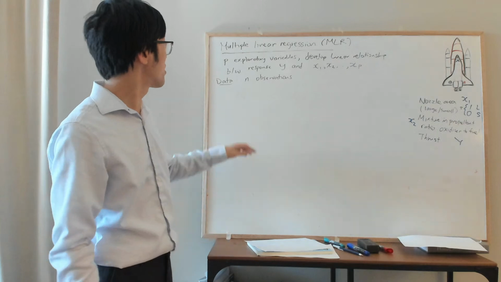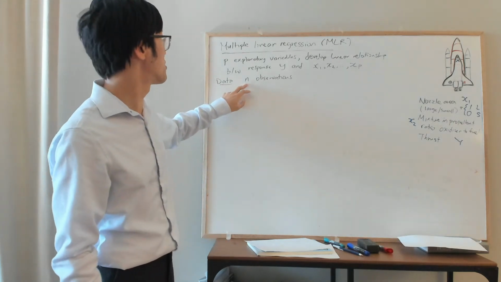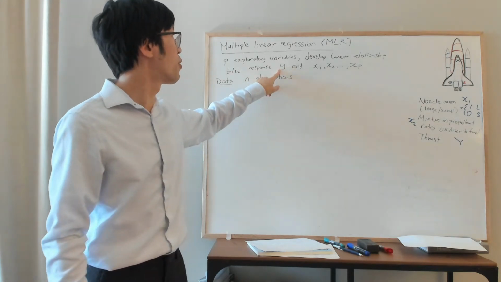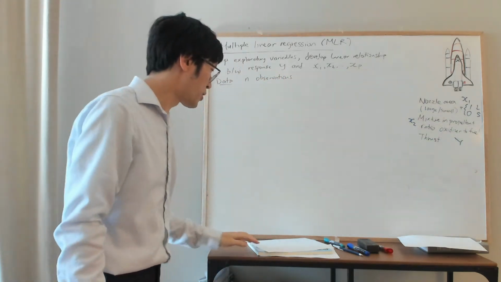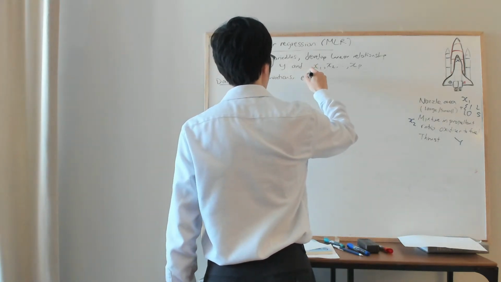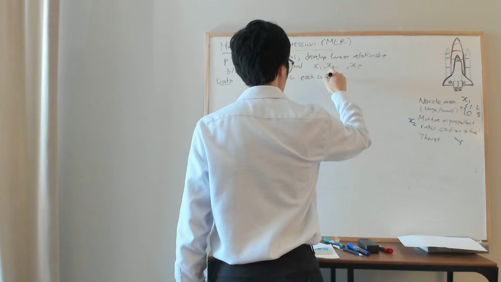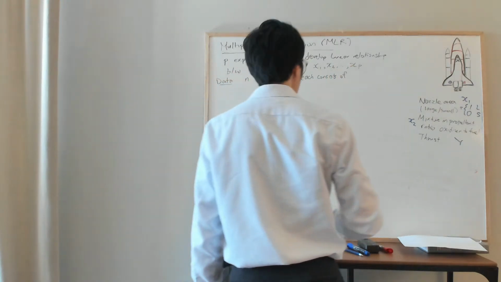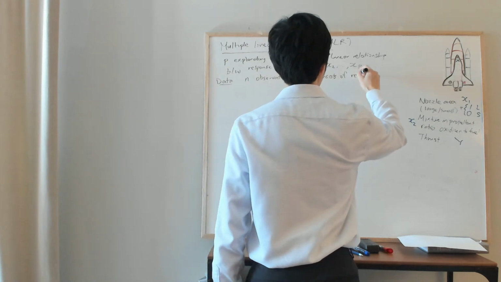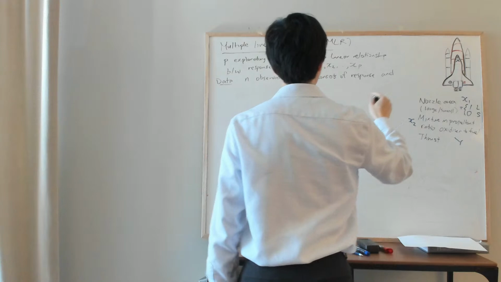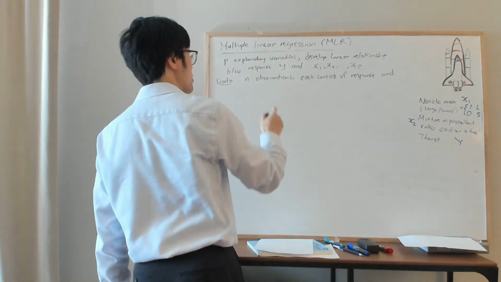In this case, each observation now consists of not just x and y, but you have the y and then a bunch of predictors, x's. So each consists of the response and the explanatory variables.